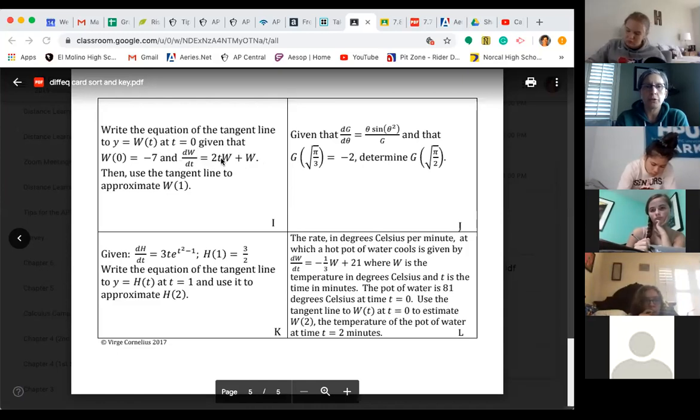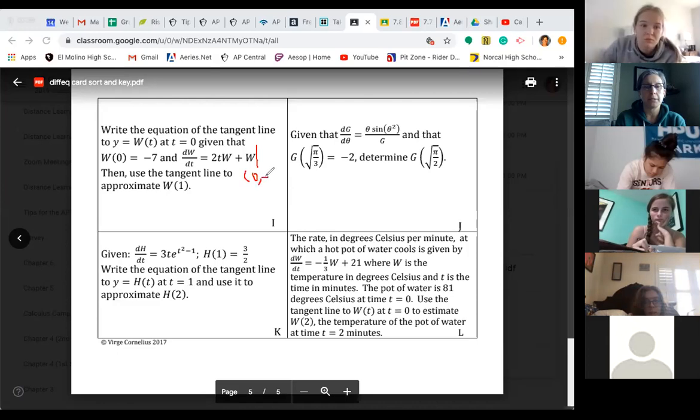So I believe we should be able to plug in the 0 to the t and the -7 to the w to get the slope. So what does that give us then? The way they write that, they'll go evaluated at 0.